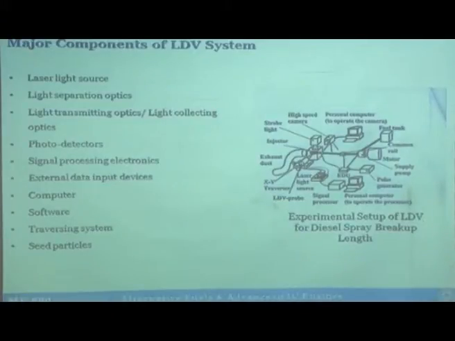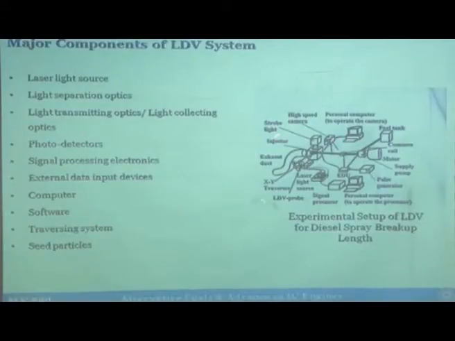LDV is a measurement technique which is quite similar to PDI. So, here also all the splitting and other things, beam splitting etc. is done. Okay. So, from the LDV probe, two converging beams emerge, and you focus the focal point on the spray point of measurement, and then you have a high speed camera on the other side to capture the spray, and then a PC to operate the camera.